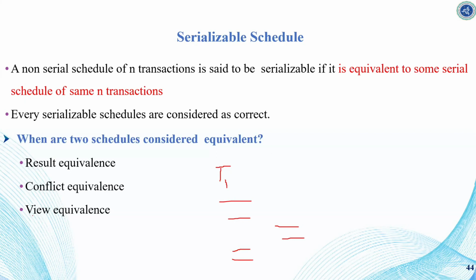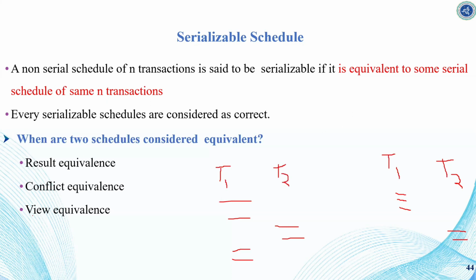So this is a non-serial schedule. This is another schedule with the same set of transactions T1 and T2. Here we start with all the operations in T1, and after T1 ends, T2 starts. That is a serial schedule.